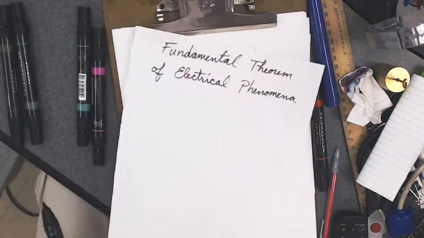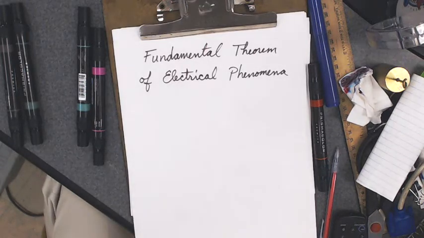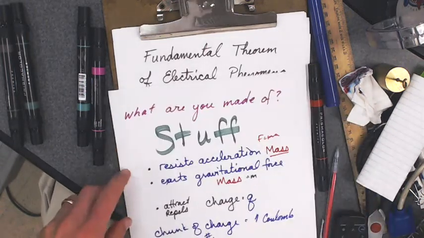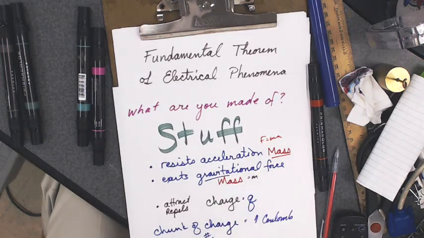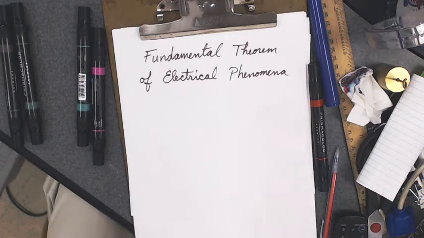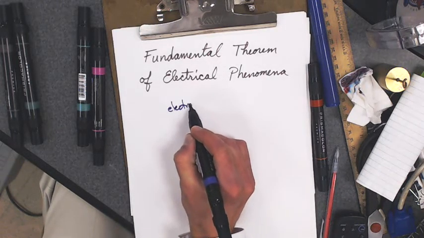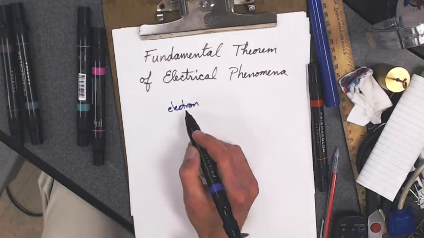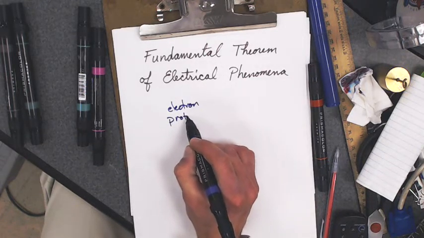So let's talk about the fundamental theorem of electrical phenomenon. There's only one type of mass, and mass only attracts. However, there are 2 types of charge. There's the charge that's on the electron, and then there's the opposite of the electron, which is what is in the proton, and we'll talk about this.